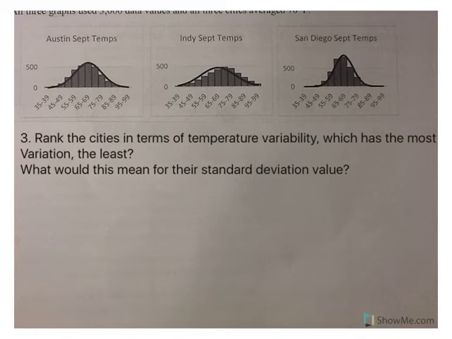So we're going to rank these cities in terms of temperature variability, which has the most variation and which has the least. Well, the most variation would be Indianapolis because it's the most spread out, right? So Indy's the most spread out. Then I would say Austin, and San Diego has the least variation because it's grouped really close there into the center.